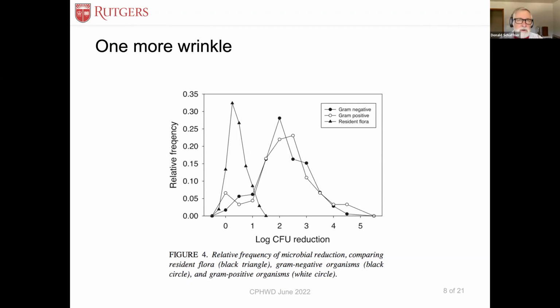And so these are bacteria that stain negative with a gram stain. And so this includes organisms like Salmonella, E. coli, just to name a couple. You can also do experiments where you deliberately put gram-positive microorganisms on people's hands. And so these might be experiments with organisms like Staphylococcus aureus or Listeria monocytogenes.